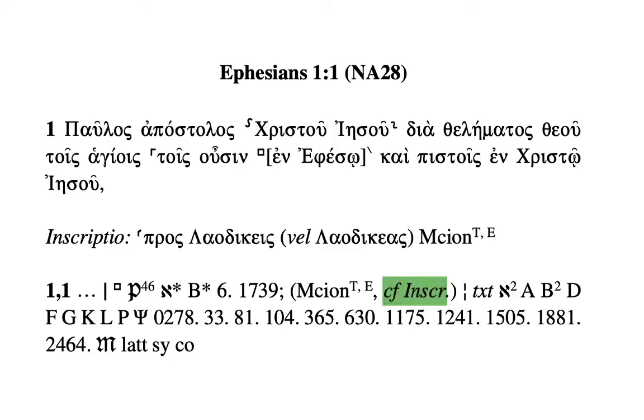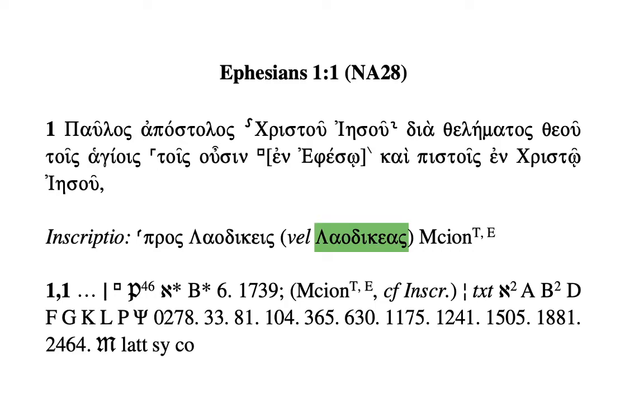Then they give you a cf. inscription. This links us up to the line just above where it says inscriptio, or inscription. That means like the title at the beginning of a book. There is a replacement of the title. So rather than "to the Ephesians," we have "to the Laodiceans," and then vel means "or." The spelling is slightly different in another version, but it's the same idea.